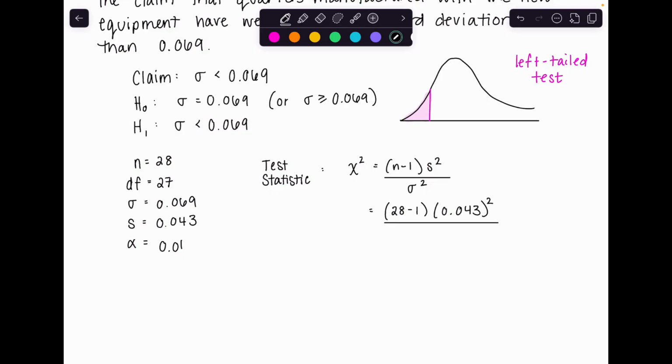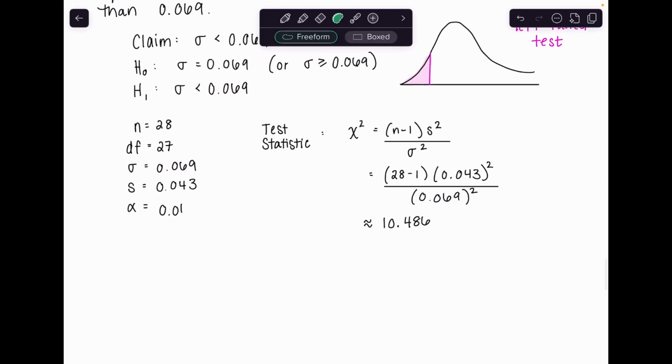And then we're only given sigma, which is the standard deviation, but you need the variance in the bottom, so you need to square this 0.069. Plugging that into a calculator is going to give us a test statistic of 10.486.